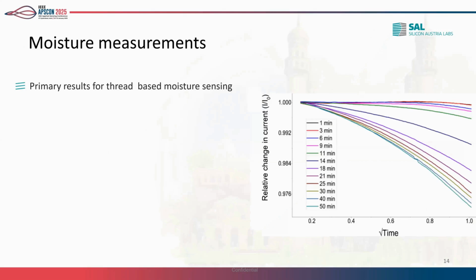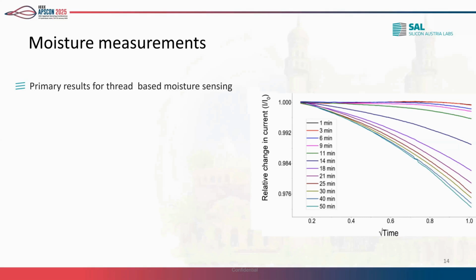What I'm showing here are just the primary results of the moisture sensing. The measurements started once the droplet was on the textile, and went on for a few tens of minutes.